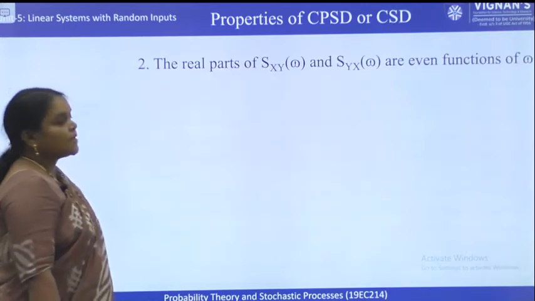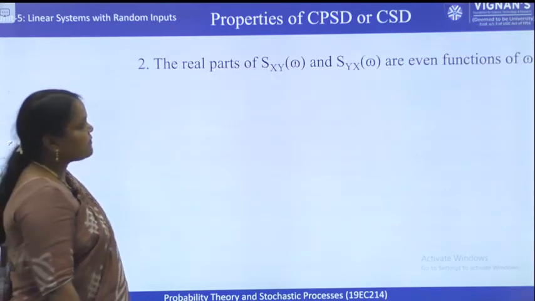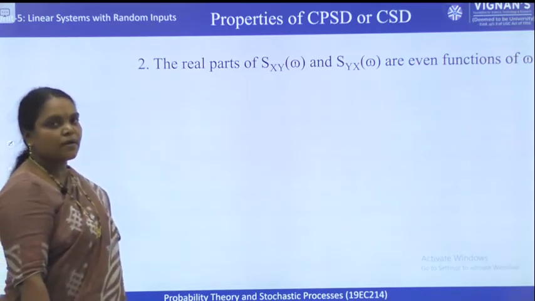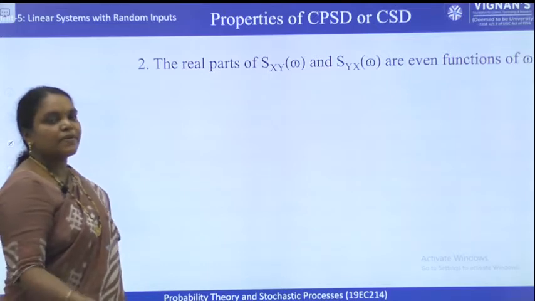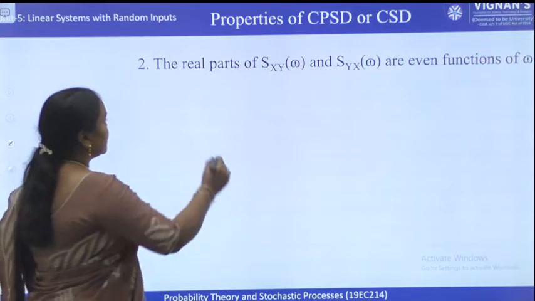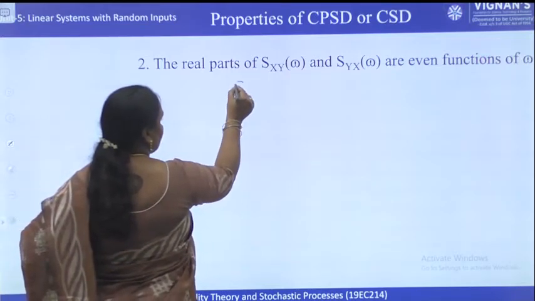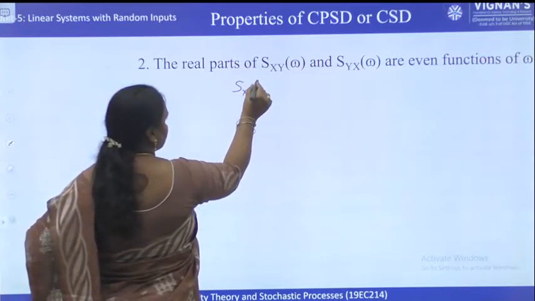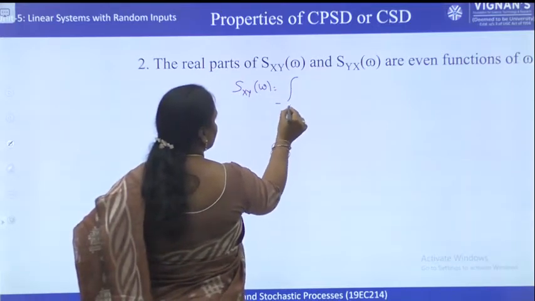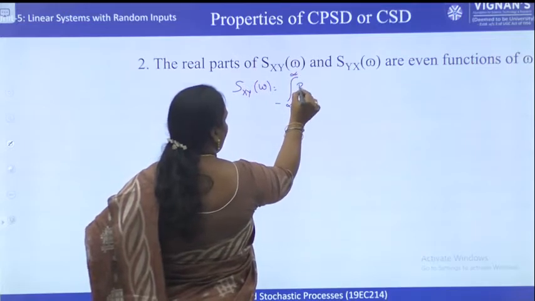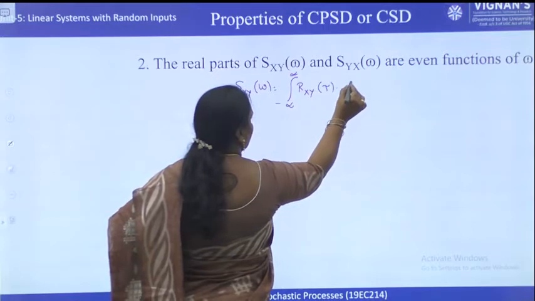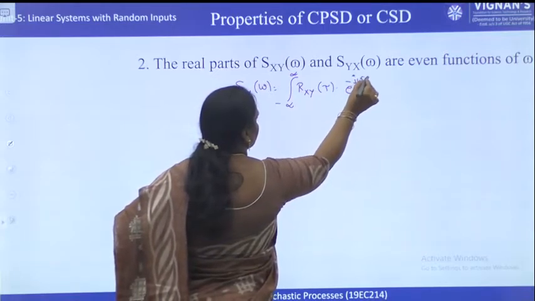Next property, the real parts of Sxy of omega and Syx of omega are even functions of omega. So, even functions means for minus omega also they should give the same result as omega. So, first let us write the definition of Sxy of omega. It is integral minus infinity to infinity r xy of tau e power minus j omega tau d tau.